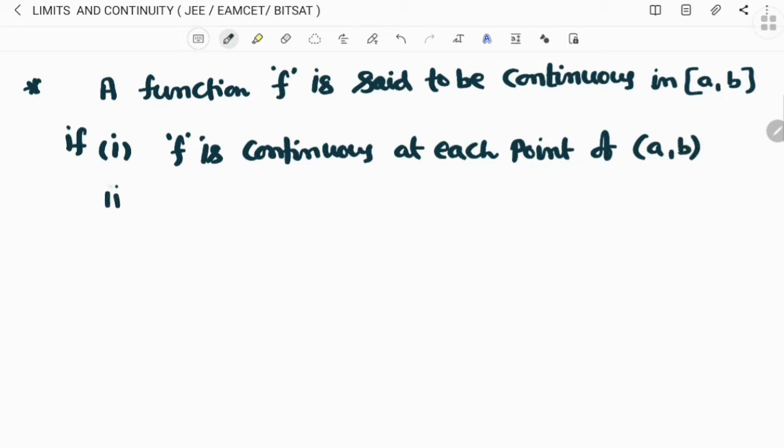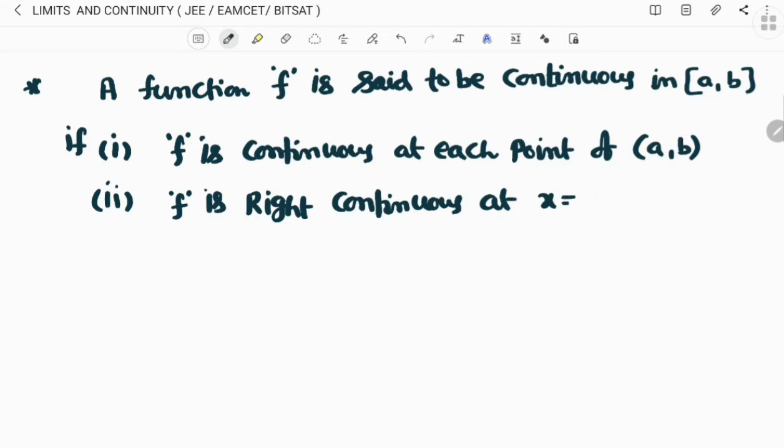and second point, f is right continuous at x is equal to a. That means we can write like this: limit x tends to a plus f of x.